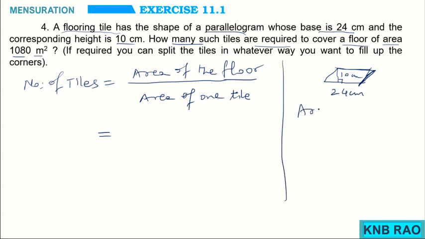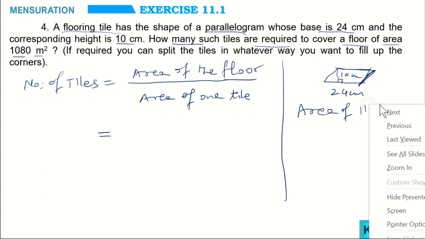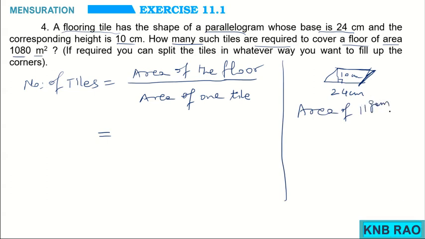Here I will find out the area of the parallelogram tile with just base into corresponding height, which gives 240 centimeter square. But here the area of the floor is in meter squares. How can I convert meter squares into centimeter squares? The question comes there.